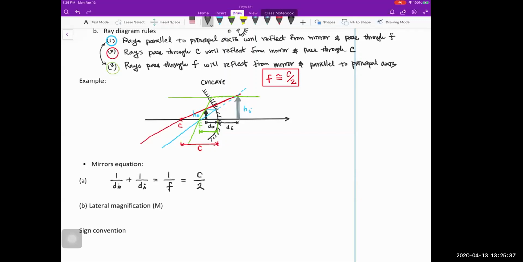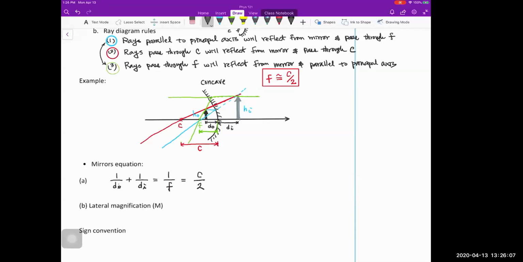The DO represents the object distance. The DI represents the image distance. The F represents the focal point distance, the focal point position, and the C represents the radius of the curvature location. And we told you the F is approximately equal to C over 2. Wait, the inverse.